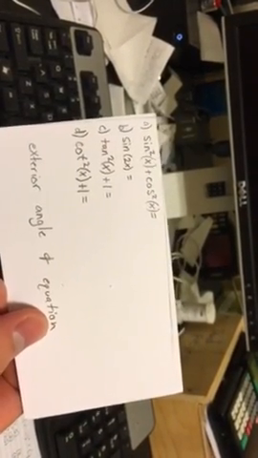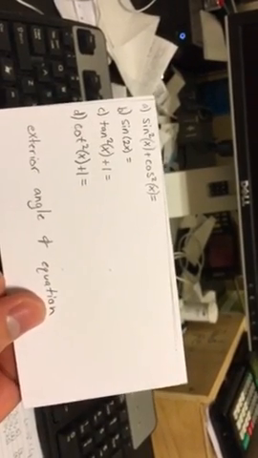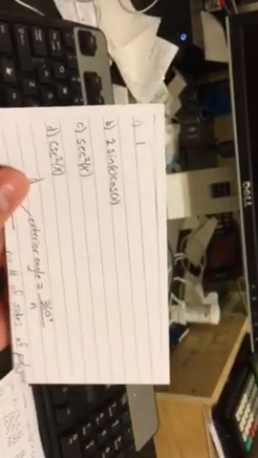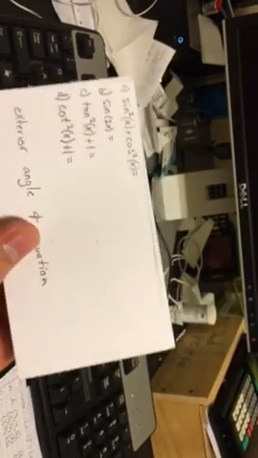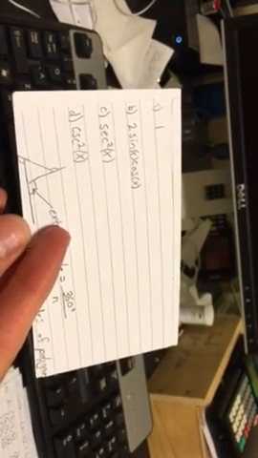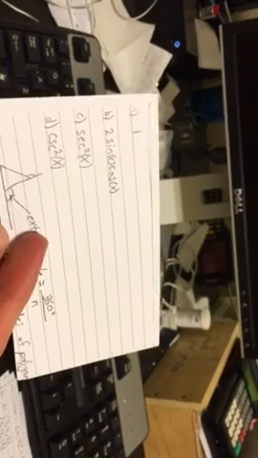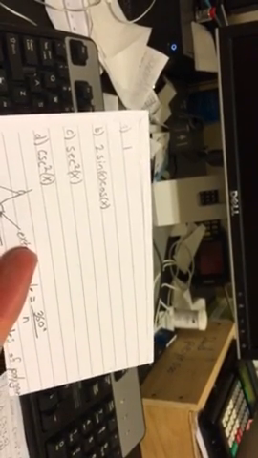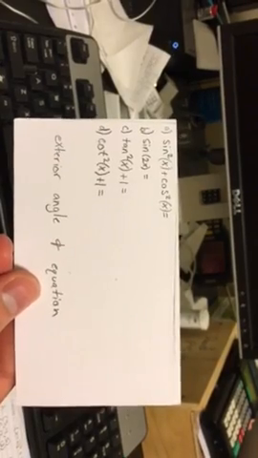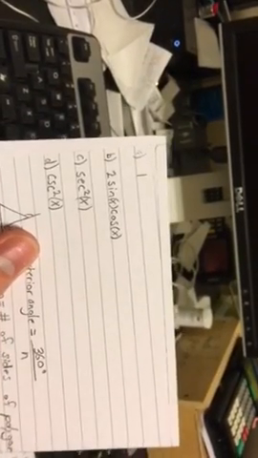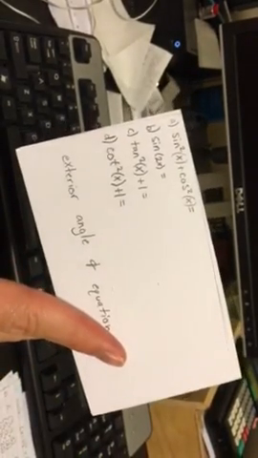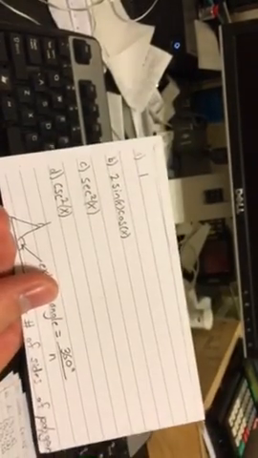The cotangent squared x plus 1 is going to be your cosecant squared x, and then the tangent squared x plus 1 is going to be your secant squared x.